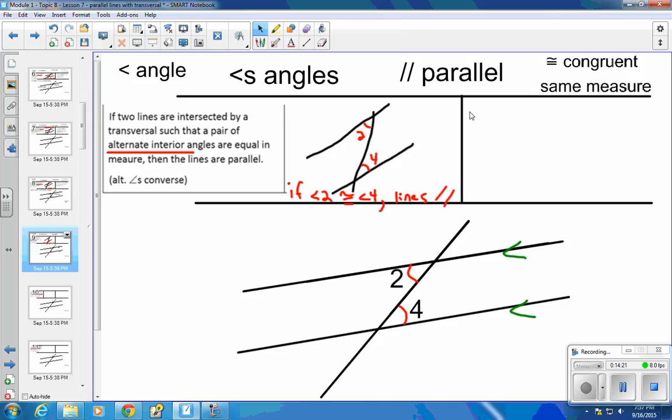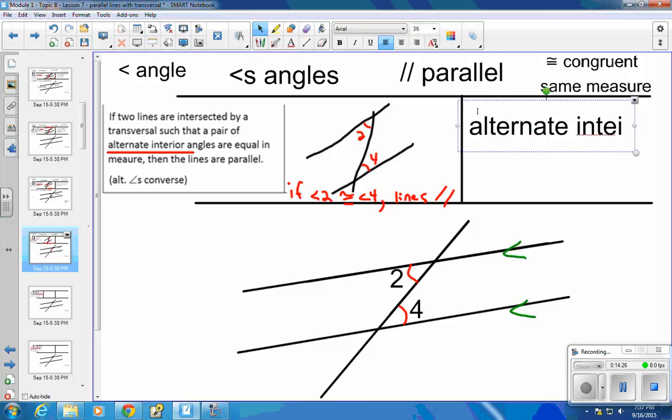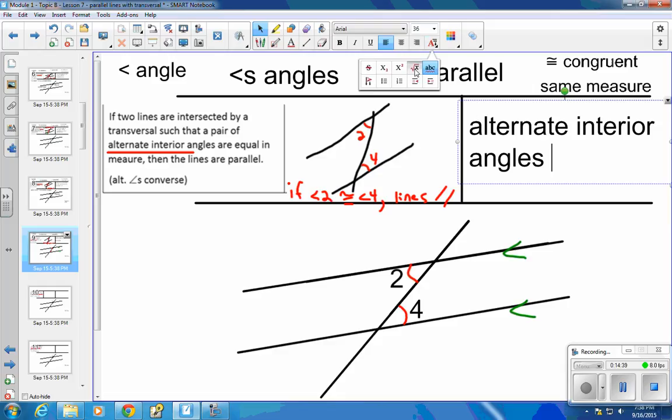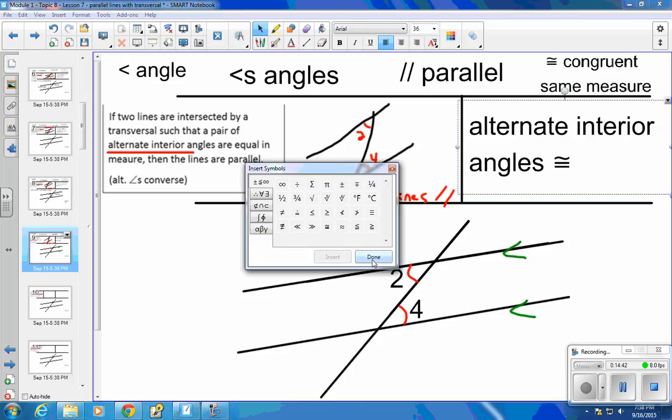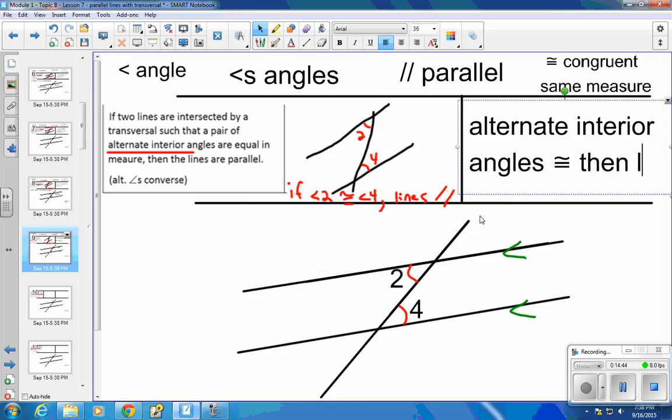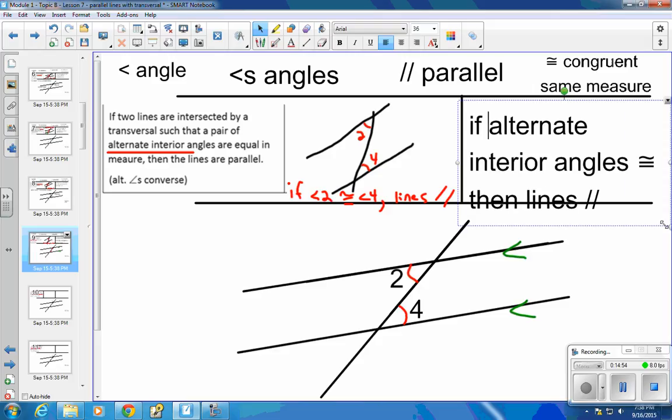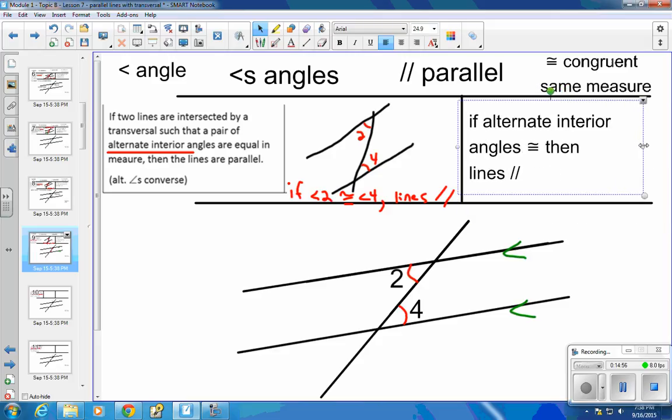Okay. In writing, alternate interior angles are congruent. Let's put that congruent symbol in there so we get used to using it. Then lines, not question marks, they are parallel. So if alternate interior angles are congruent, then our lines are parallel.